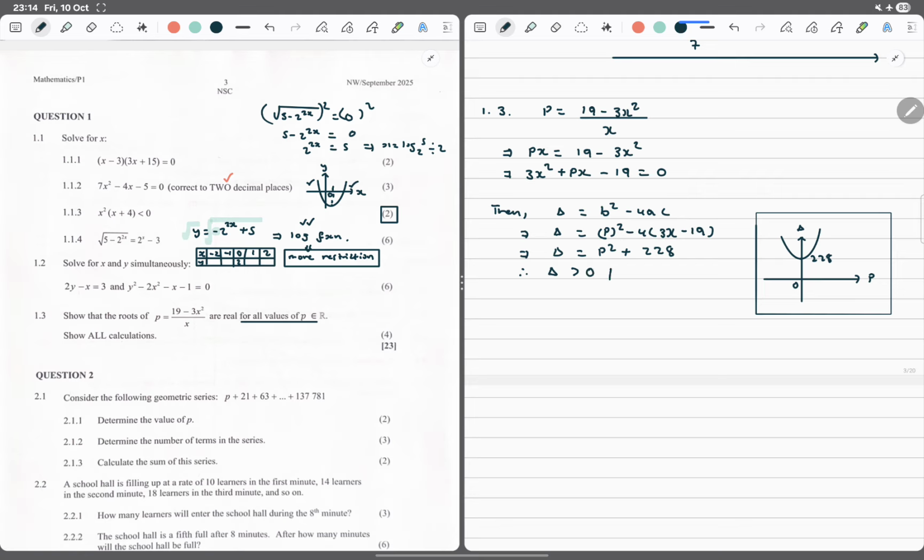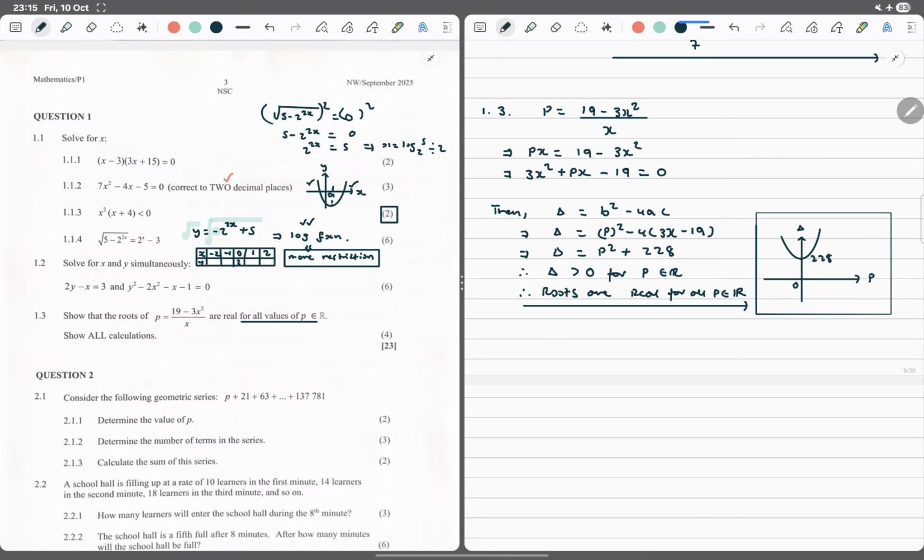It's greater than 0 for all p an element of real numbers. If that's the case, we know that the roots are real for all p an element of real numbers.